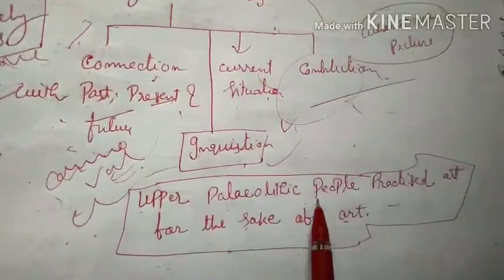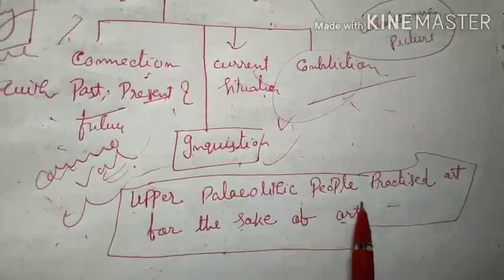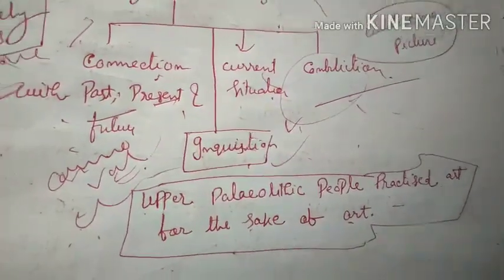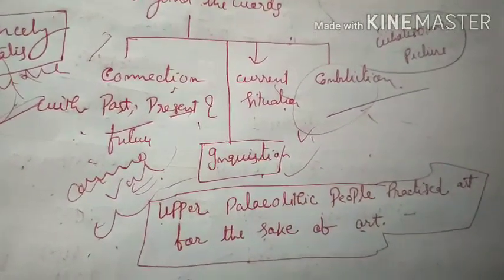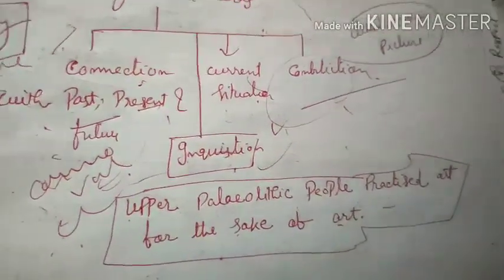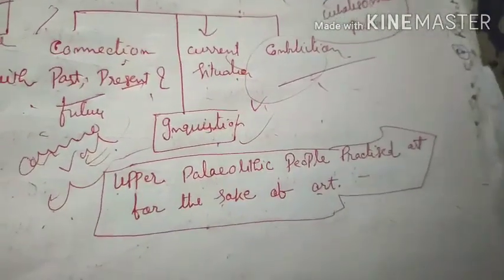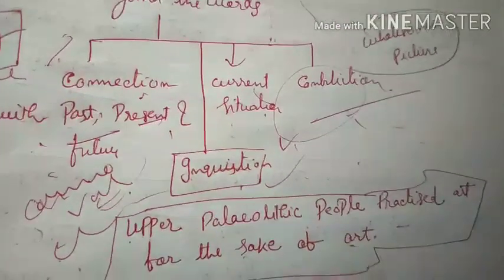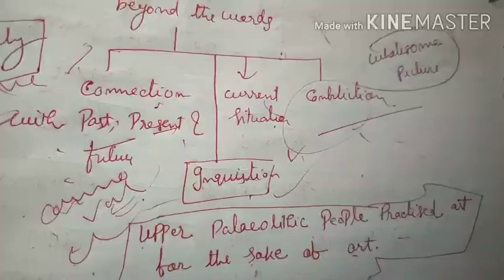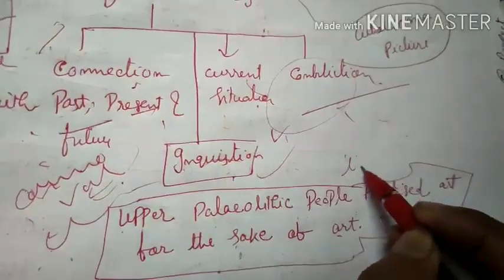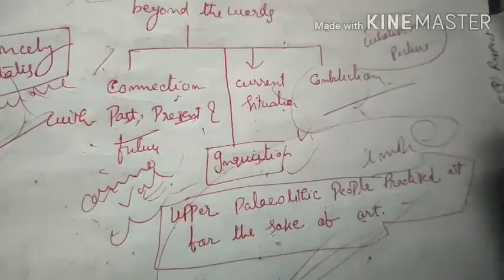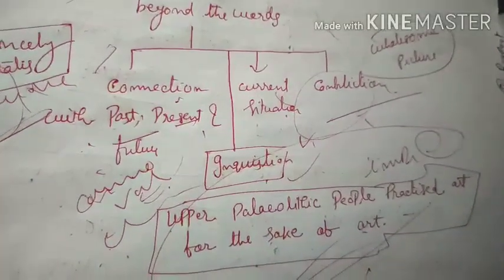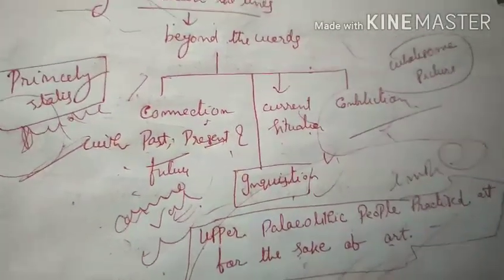For example, there is a line: upper Paleolithic people practiced art for the sake of art. As a UPSC aspirant, you cannot skip this line. That means what? What is the implied meaning of this line? This is called reading between the lines by applying your inquisitive mind.